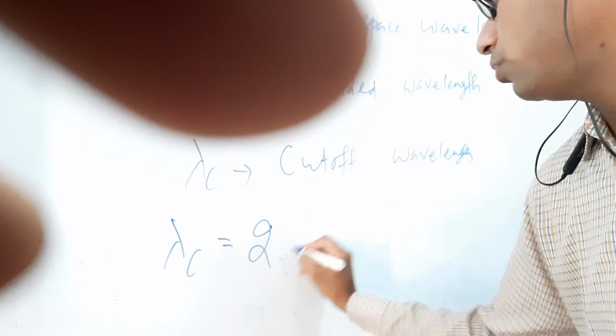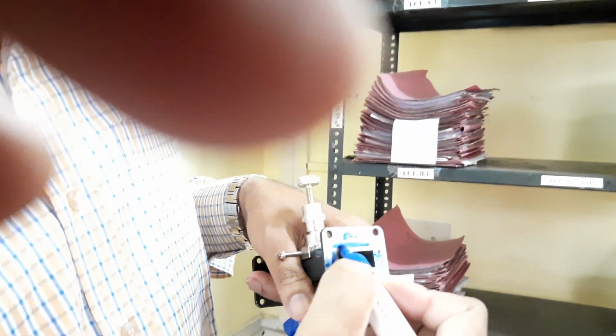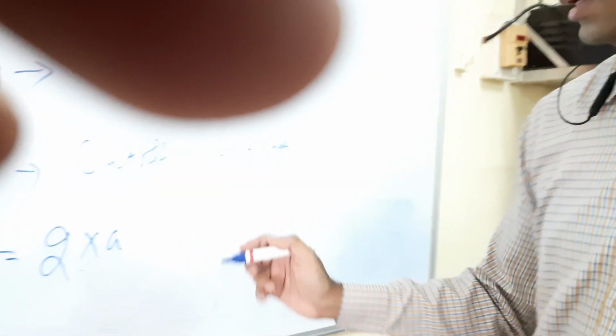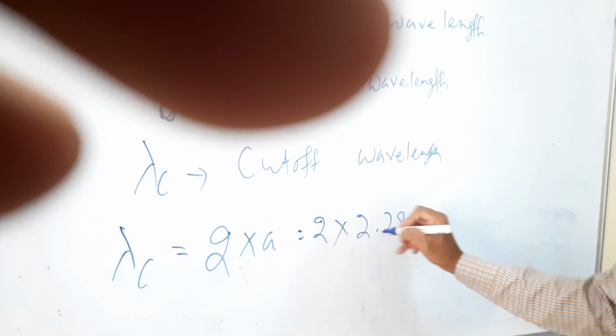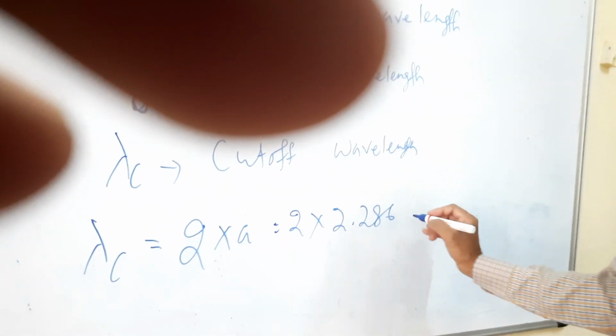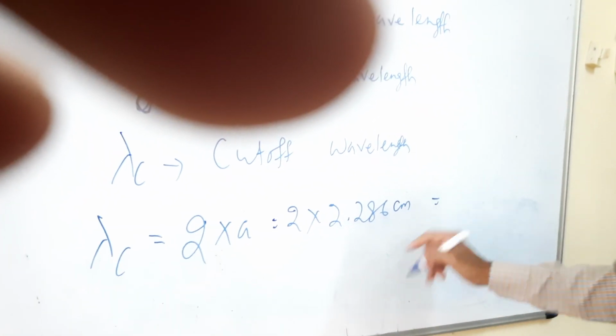For a TE10 mode, lambda c equals 2 into a. a is, as I told you earlier, the length in the broader dimension. We have measured this one. a equals 2.286 centimeter. So you can calculate lambda c, 4 point something.